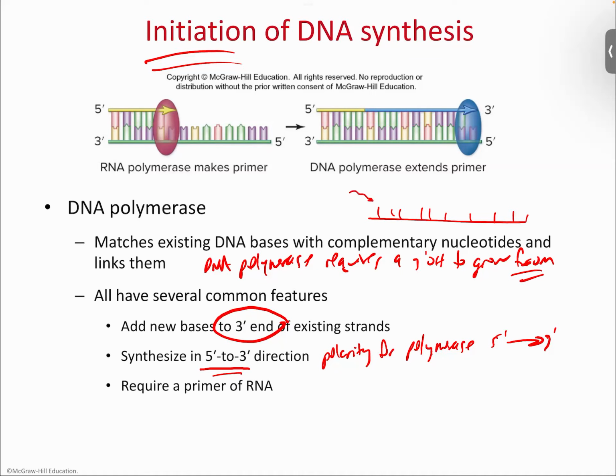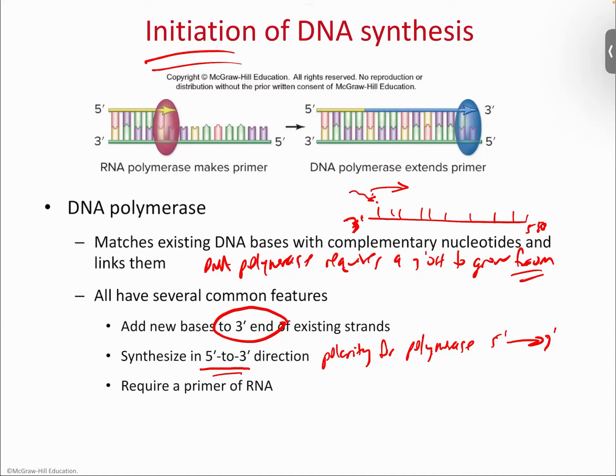Like it has to lay down nucleotides right here. It's complementary to the template. Is there anywhere for it to grab onto to start from? Well, no, because the only 5' and 3' that you have here is associated with this strand, right? I mean, you have to have a 3' OH here somewhere to grow from to go in that direction. So you literally have nothing there, right?